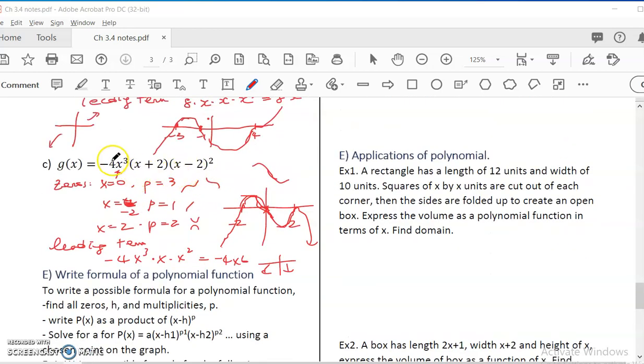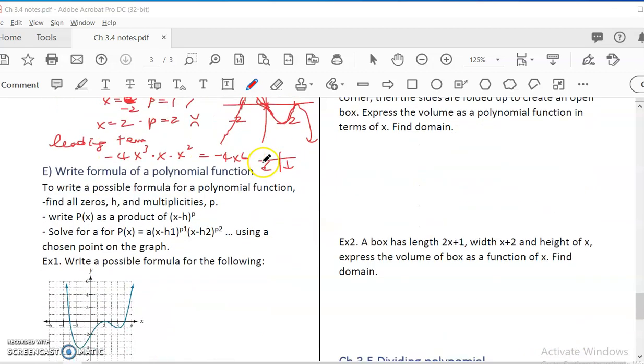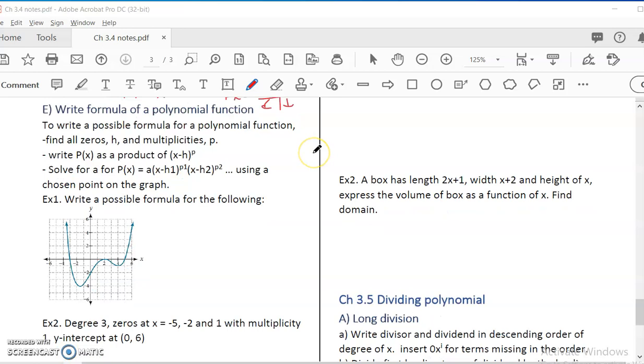The first is, if you have a polynomial function, after you factor it, how can you draw the picture of the polynomial function without using your graphing calculator? And the other one is, if someone gives you a graph, how can you write a polynomial function out? Although this is not as important as the last one, it gives you a better understanding of how the graph and the formula are related.